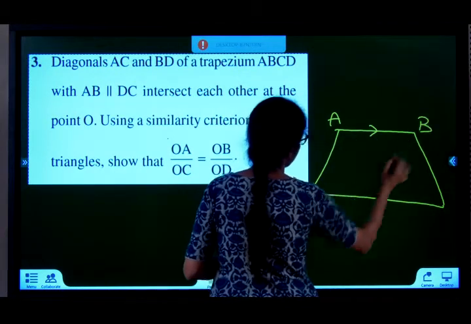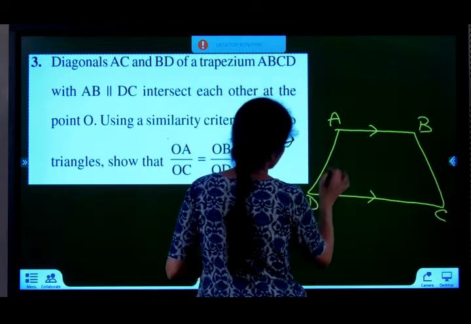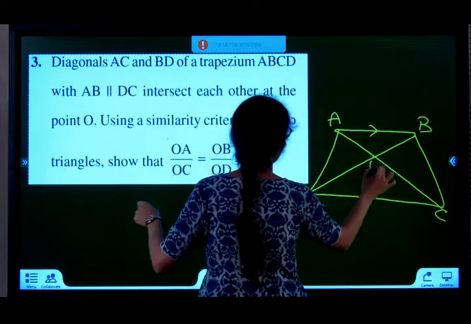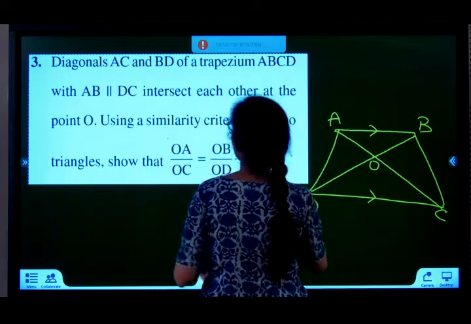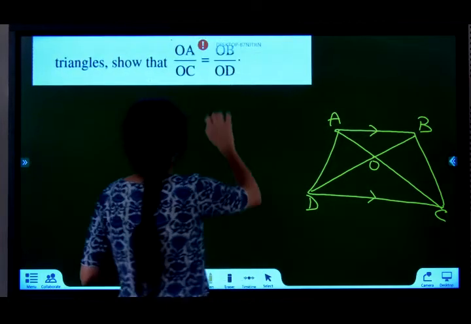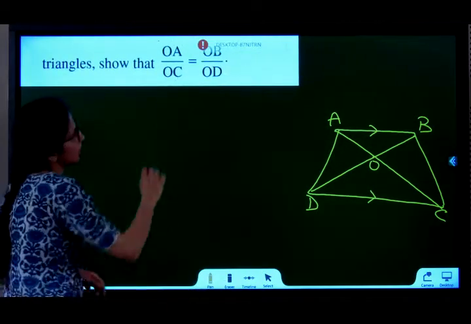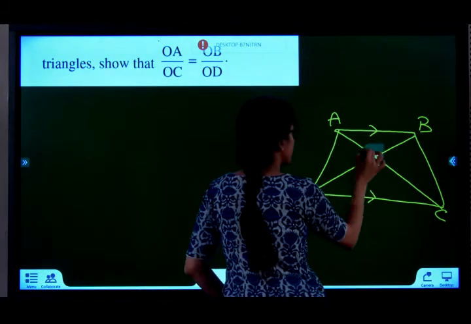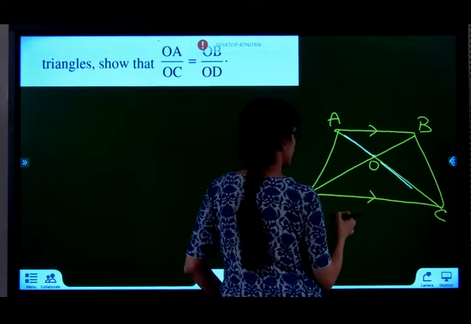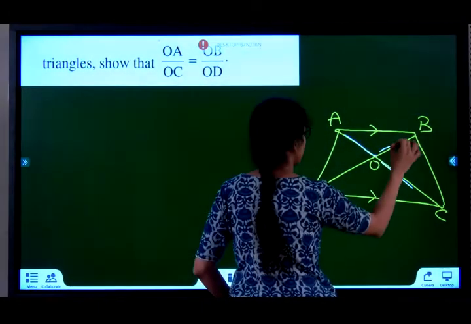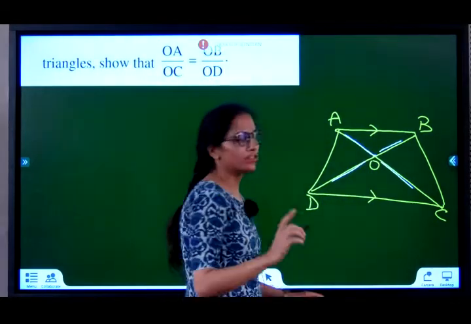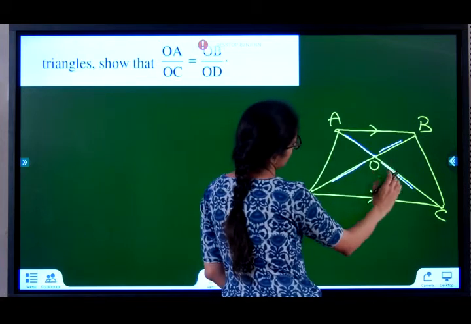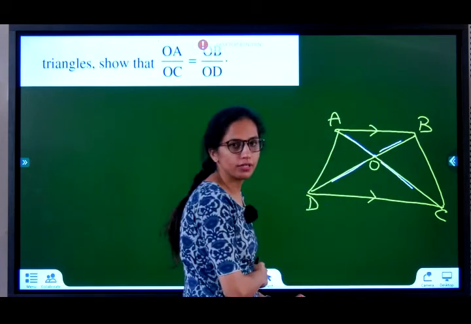The diagonals intersect each other at the point O. Using similarity criteria for the following triangles, show that OA by OC is equal to OB by OD. Which means you have to take this triangle and this triangle. Agreed? OA by OC is OB by OD. How do we do so?